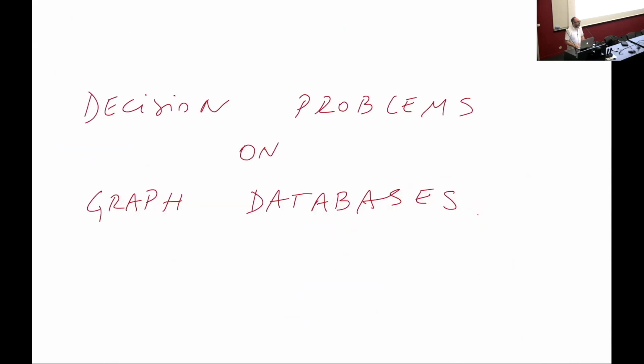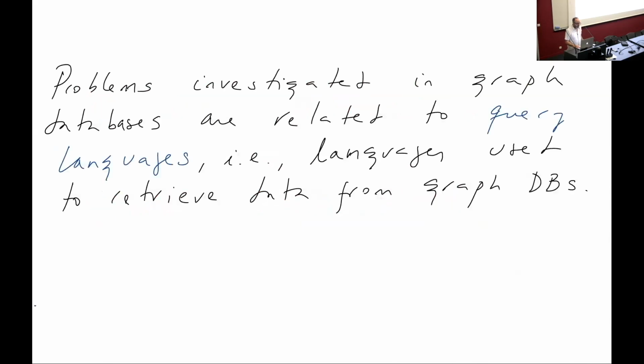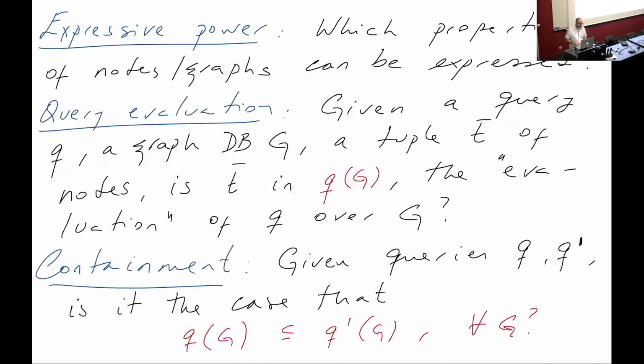So what are the kind of problems that we will be considering? Problems investigated in graph databases are related to query languages, that is, declarative languages used to retrieve information from the graph database. The kind of problems that we will be considering are expressive power: which properties of models or graphs can be expressed in a given language?